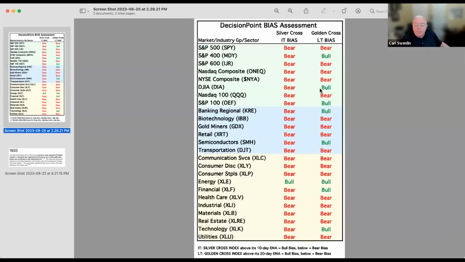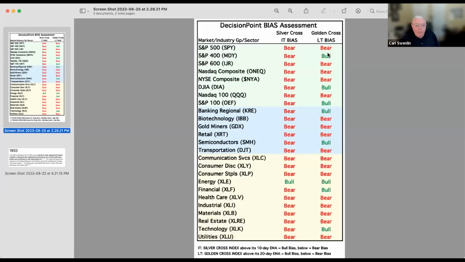The way we arrive at this is whether the Silver Cross Index is above its 10-day exponential moving average. And for the Golden Cross, which is a long-term bias, it's when the Golden Cross Index is above its 20-day exponential moving average.